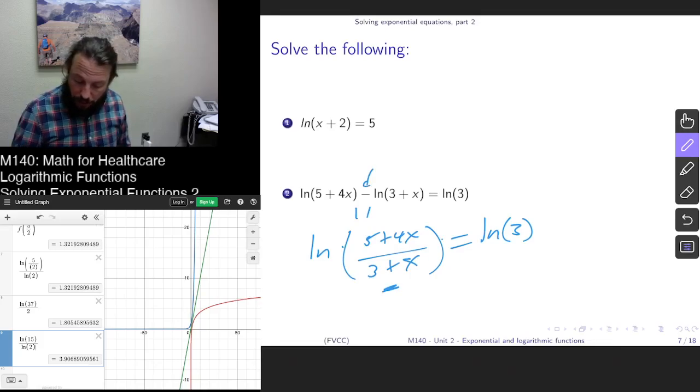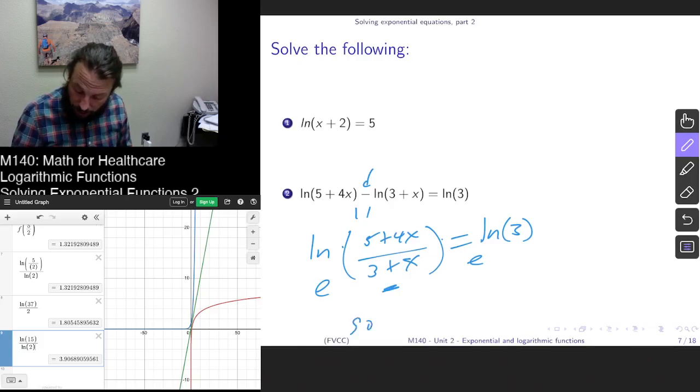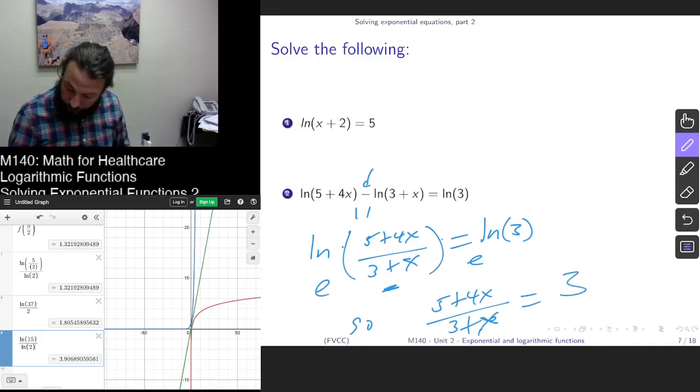Now we take e raised to each side, and it undoes our natural log. So then we get 5 plus 4x over 3 plus x equal to 3. How are we going to solve this?